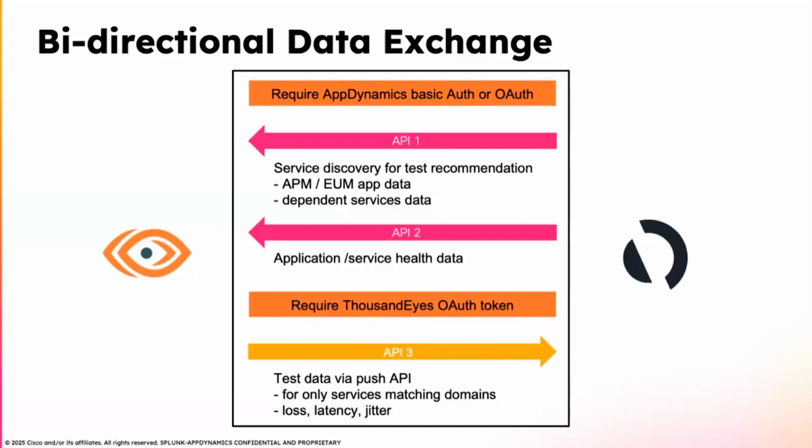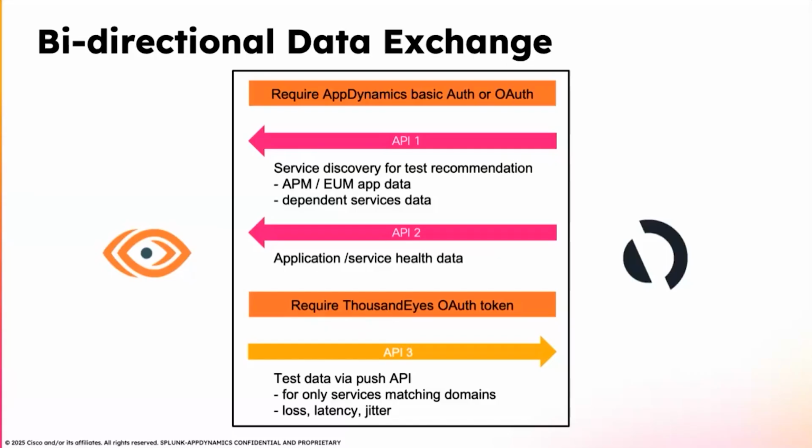And once the tests are created, ThousandEyes also displays AppDynamics applications, service health, and also the dependencies between services. So the second data exchange happens when ThousandEyes displays application service health and their dependencies.